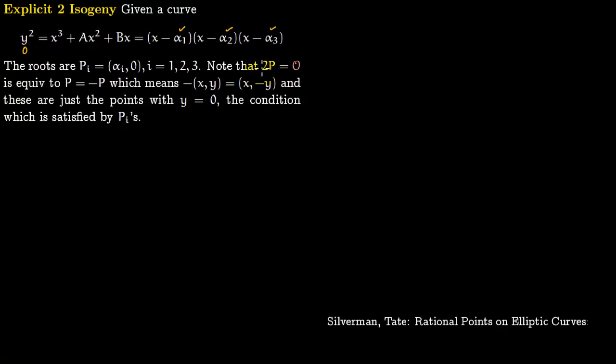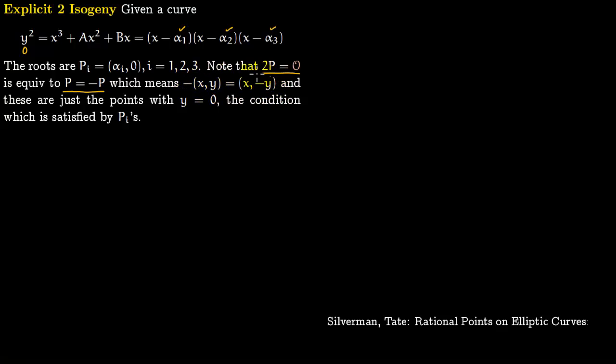We are looking at points which have 2-torsion, that is, 2P equals the special point on our elliptic curve. So 2P equals the special point is just P = −P, which means −(x, y) = (x, −y). This is the negation of a point on an elliptic curve.